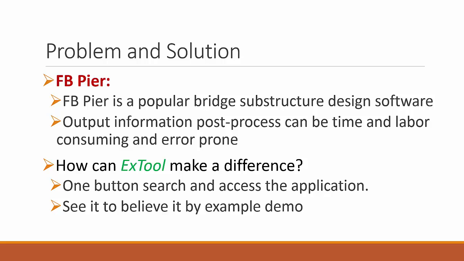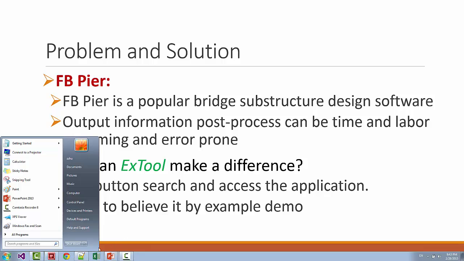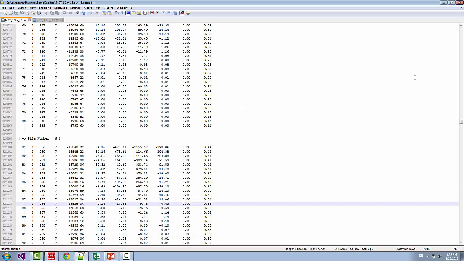As always, it's a one-button search and access for the applications geared toward FBPier, and we can dive into the example to see the difference. Let's go to the file.